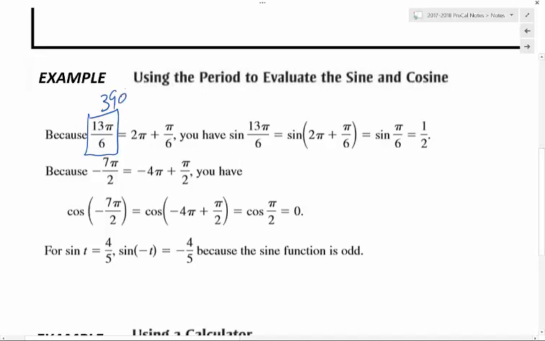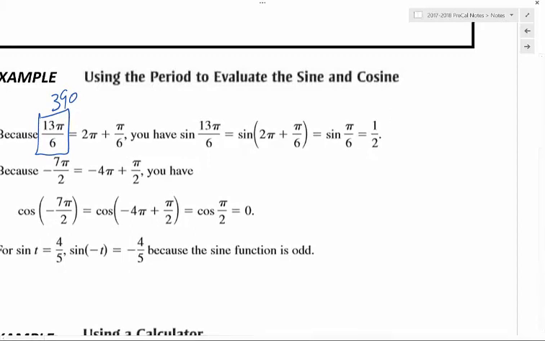Because it is equal to 360, which is my entire period, or 2 pi, plus pi over 6, you can state that the sine of 13 pi over 6 is equal to the sine of pi over 6, which is 1/2.